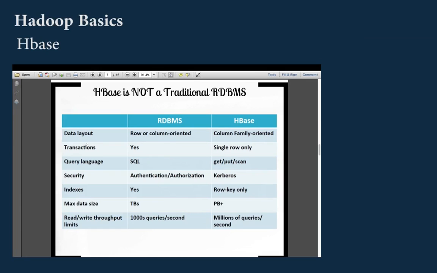Indexes can be only done on key, whereas in RDBMS can be done on multiple columns. Maximum size of RDBMS is terabytes, whereas in HBase it is petabytes. Read-write throughput, RDBMS can support up to thousands of queries per second, whereas HBase can support up to millions of queries per second because it's distributed in nature.